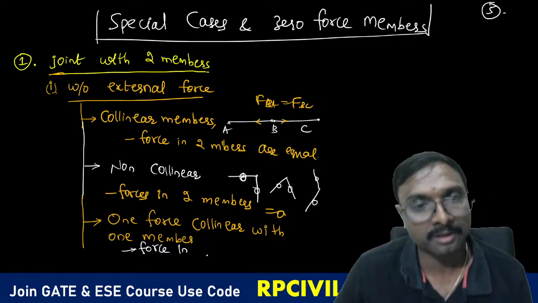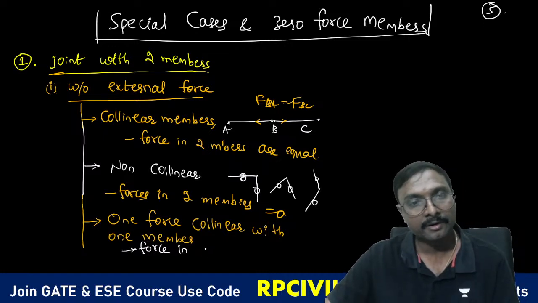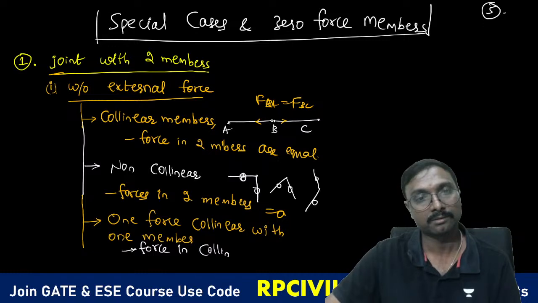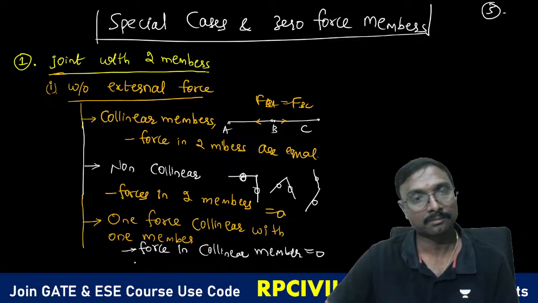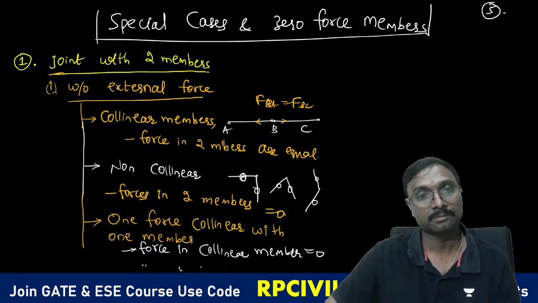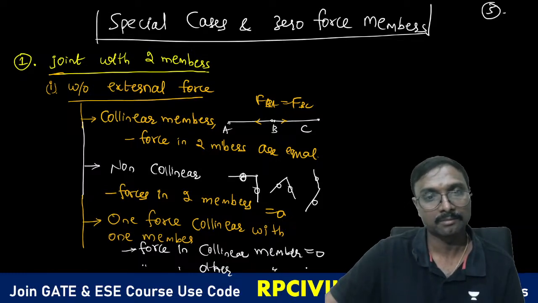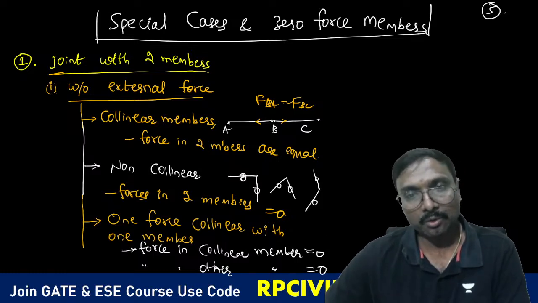One force collinear with the one member, right? What is it you can say? Force in the collinear member is equal to P.